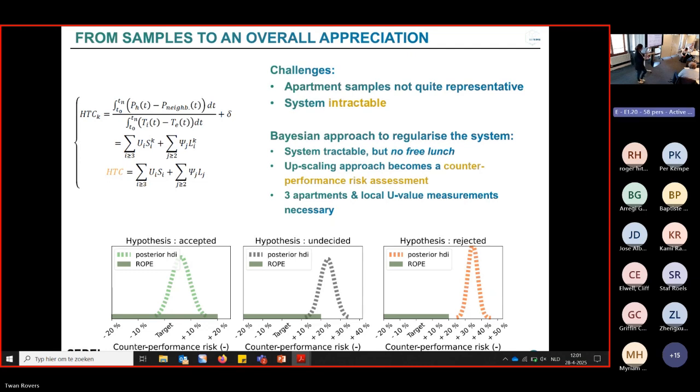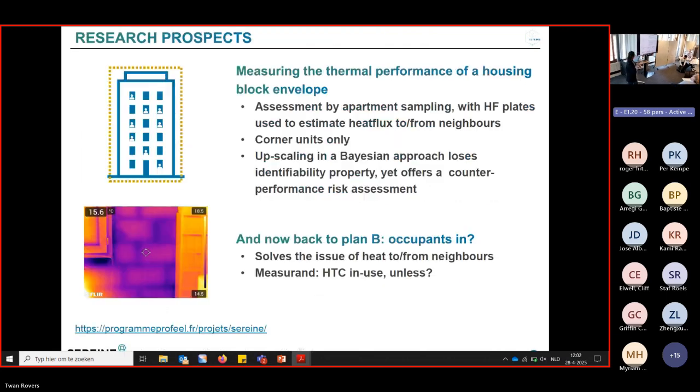As soon as you have enough apartments measured, and we noticed that at least 3 apartments is absolutely necessary, then you can reject or accept with some certainty the performance hypothesis as intended.